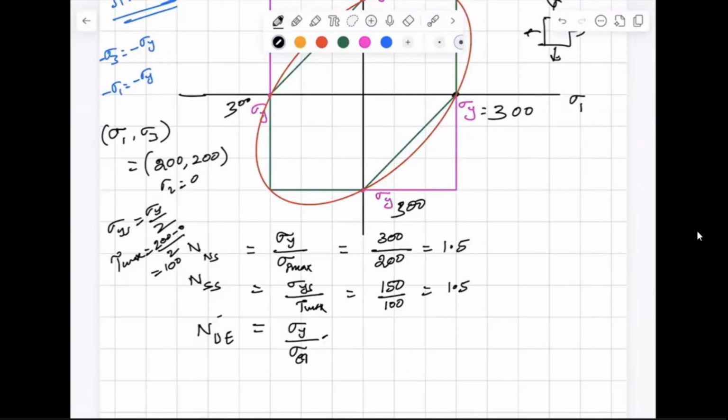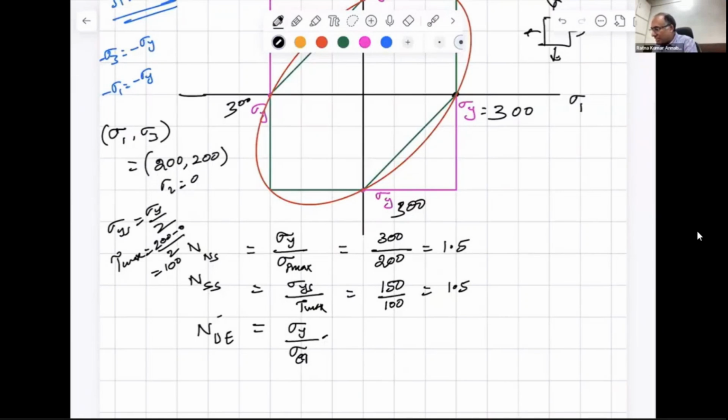It should be 1.5, because that is still 300 by the maximum principal stress of 200. How about shear stress theory? Shear yield strength is 150, the minimum principal stress is 0, so this will be 100. That will still be 1.5.